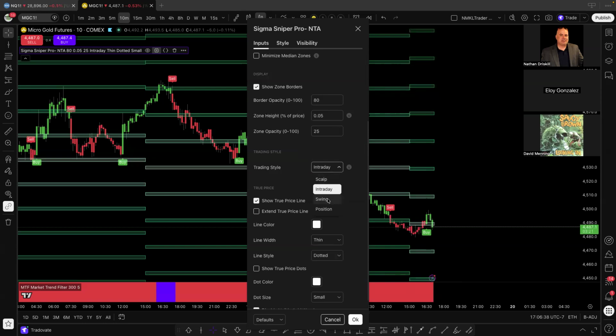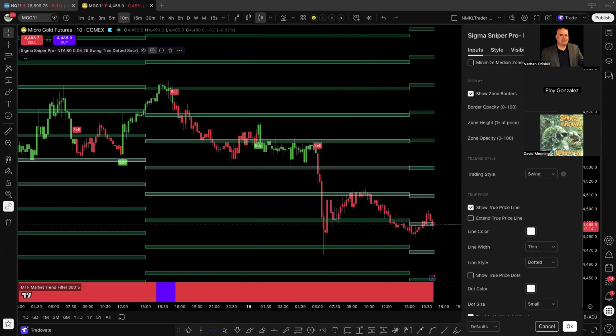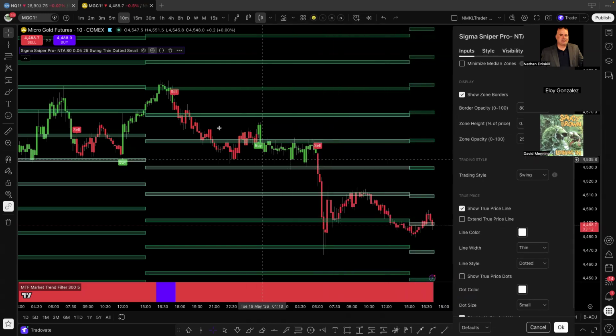I also have the swing trading charts in here. I mean, I've got it set for swing trading. You can see that basically there were two sell areas last night. We won't trade this because I threw my filter in here and I just set it to the chart. And then you can see that there was a good trade here this afternoon. But that's if you want to swing trade.